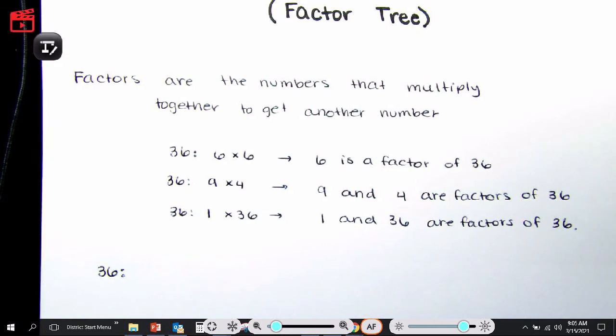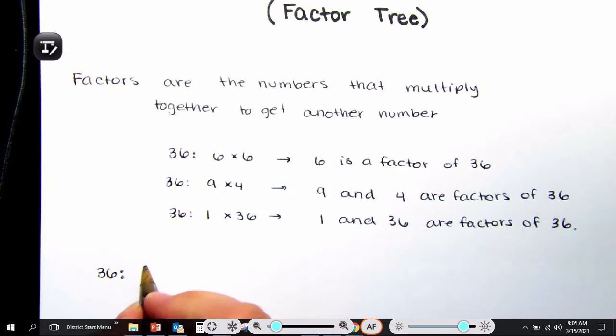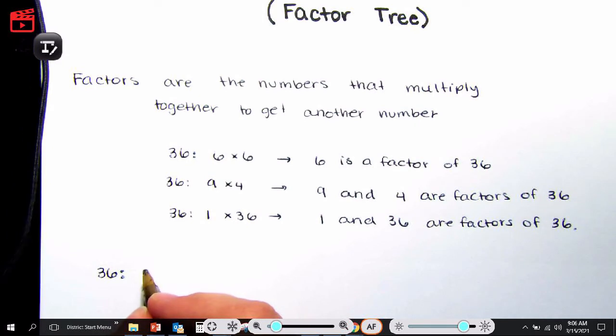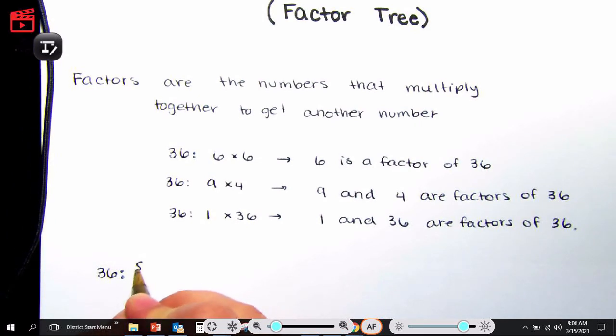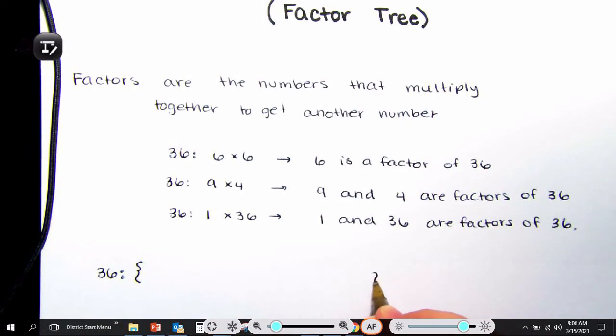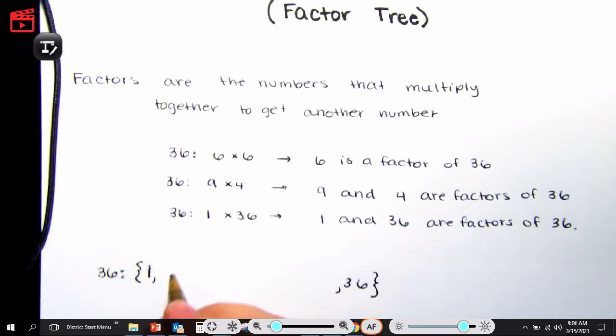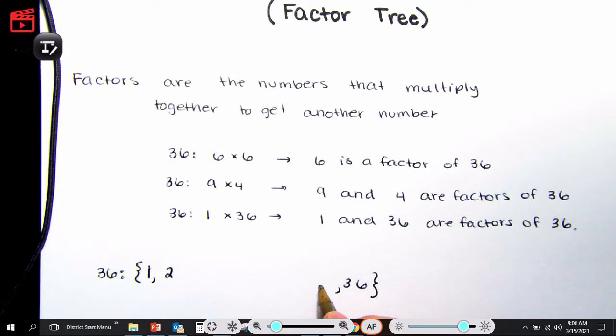So typically what you have is different numbers that 36 is divisible by. So we usually list them. The way we list them out is we do squiggly brackets, and you start out with the number 1. So we know 1 times 36 is 36, and then we separate them by commas. So what else? I know 2 times 18 is equal to 36.